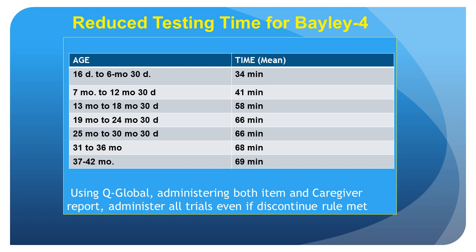From 7 months to 12 months, 41 minutes. To give you a comparison, the Bayley-4 took 90 minutes at 12 months. And you can see the others. And we kind of topped out at about 69 minutes for the older children, which still isn't bad.